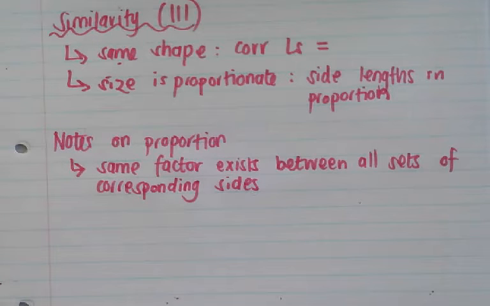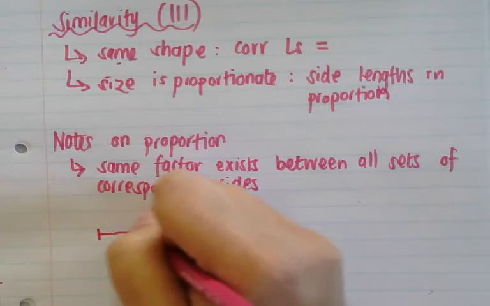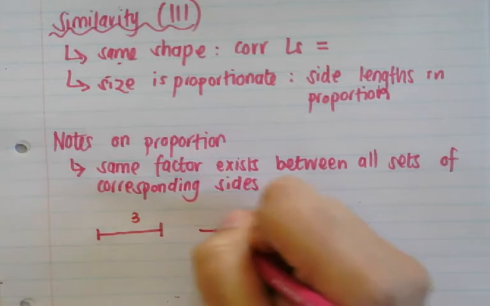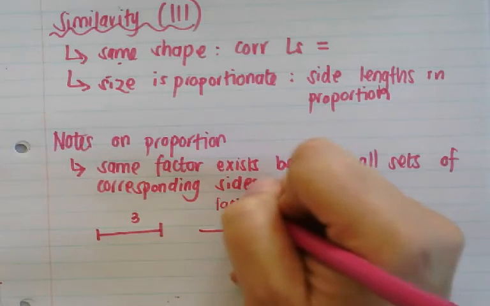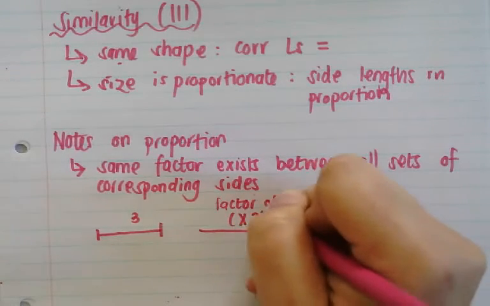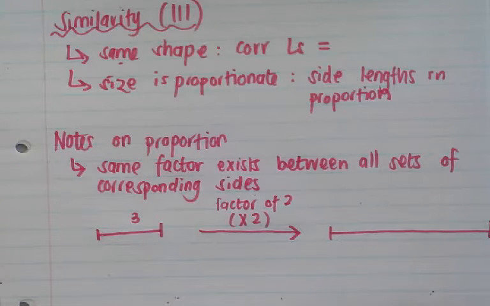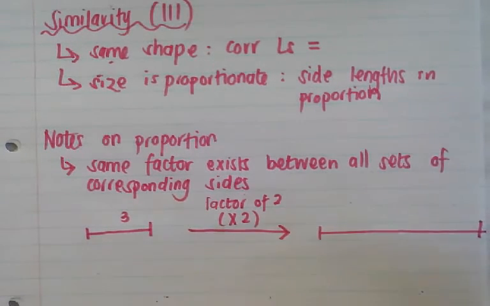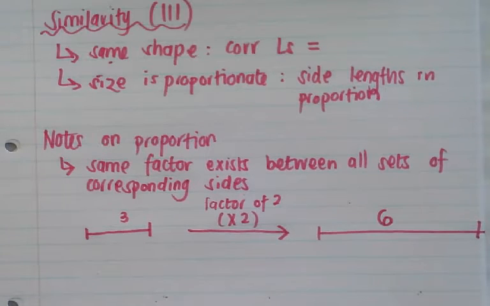Let's just look at some examples of that. So if I gave you a side length of 3 and I told you that the factor was increased by 2, that means I am multiplying by 2, so my new line would be how long? If it was 3 and I multiply by 2, my new line, to be in proportion, would be 6.